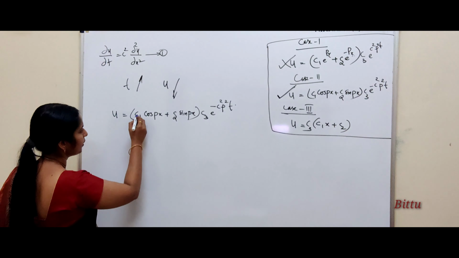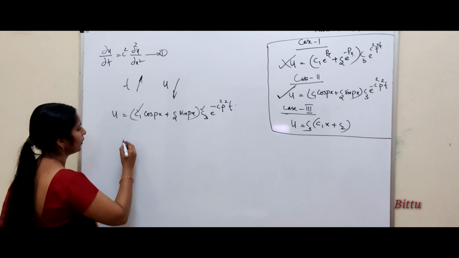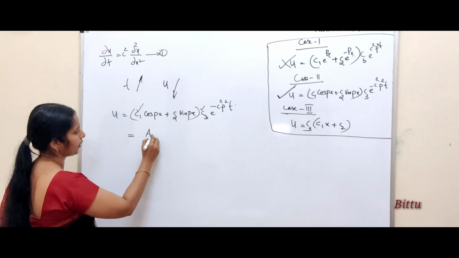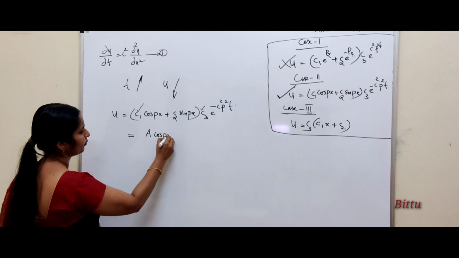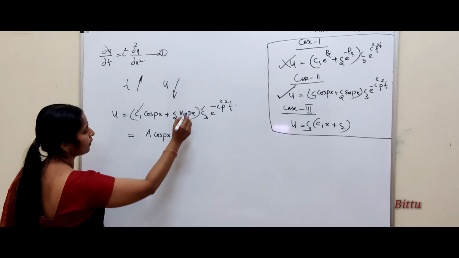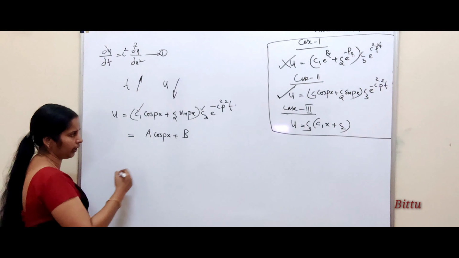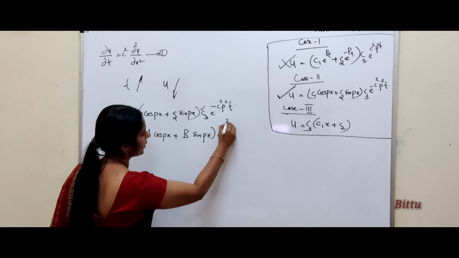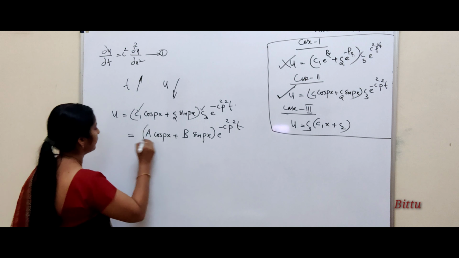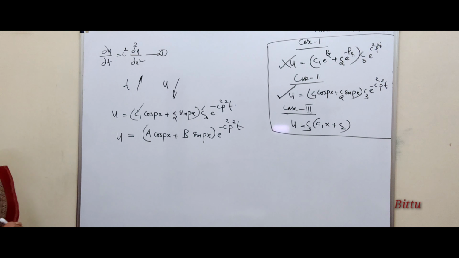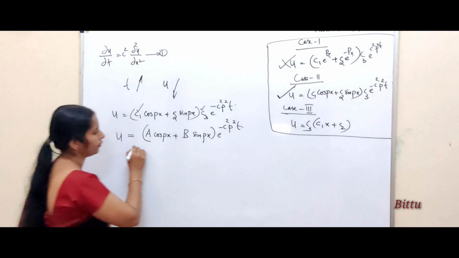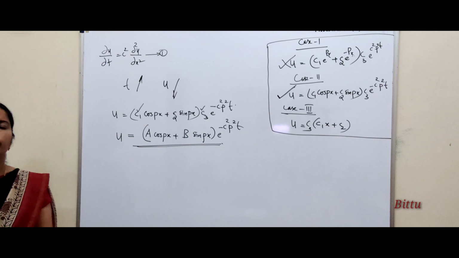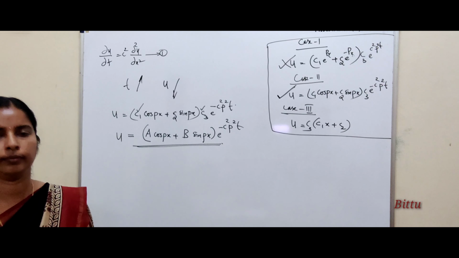By opening the bracket, C1 into C3 is an arbitrary constant, let it be capital A. So you can write it as A cos px plus, here C2 C3 is another arbitrary constant, let it be B. So B sin px into e raised to minus c square p square t. And see, this is the solution of our one-dimensional heat equation by variable separable technique.